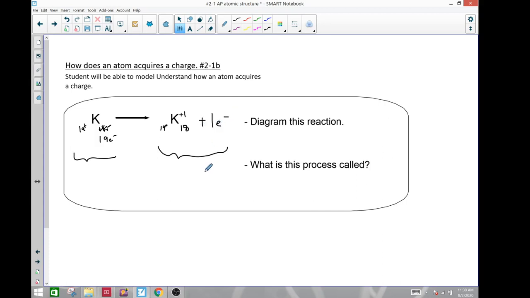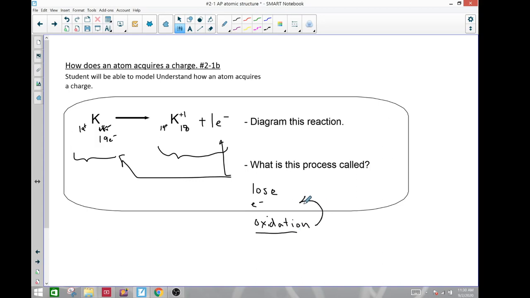Okay. So what is this process called? Whenever you have electrons on the product side, or your initial individual is losing electrons, we call it oxidation. Okay, that's an old term with a new definition.